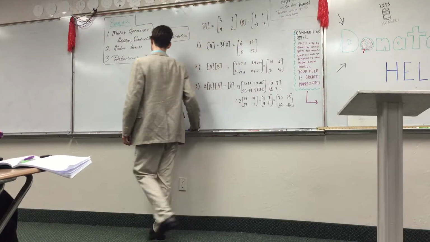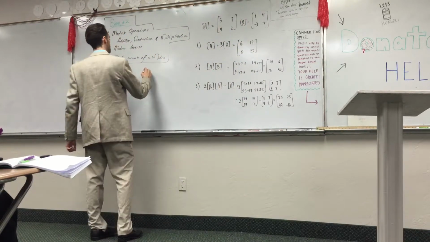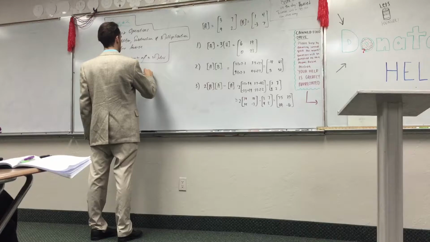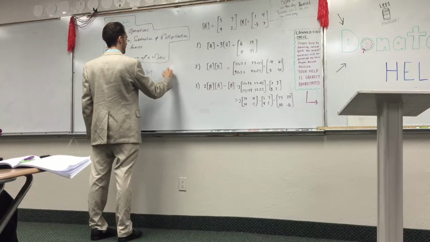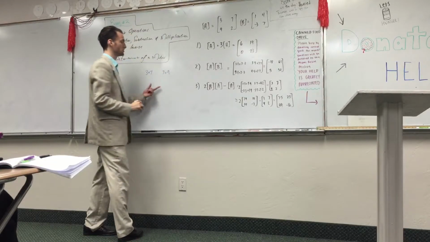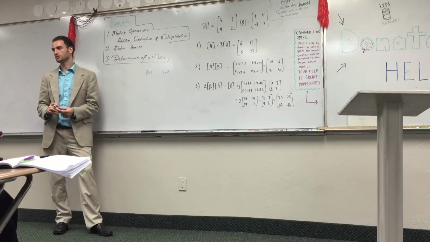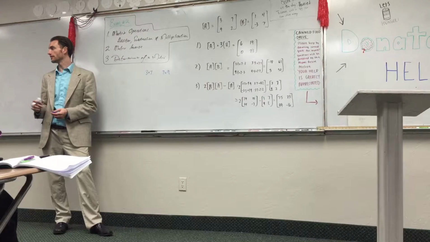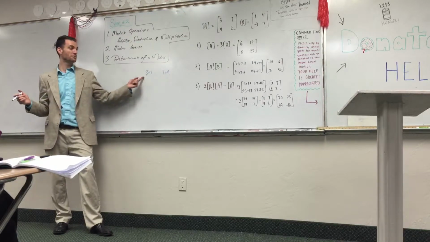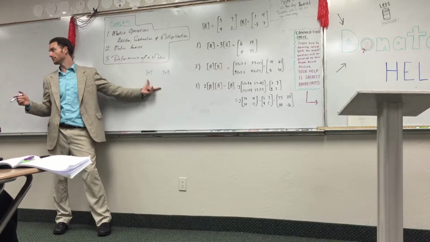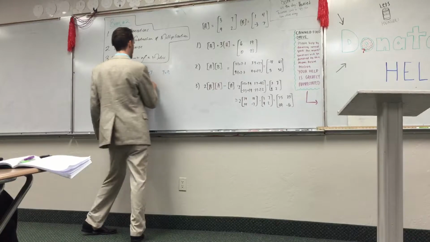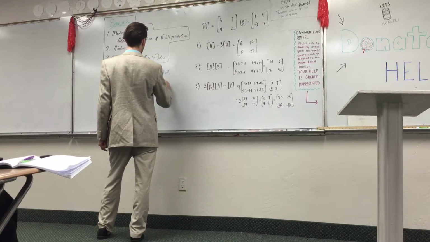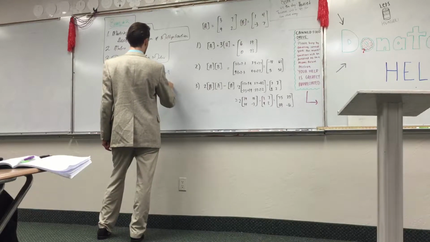Before I do anything else, if I have matrix A that's 3 by 7, and matrix B that's 7 by 9, and I multiply those two together, what do I get? A matrix that's 3 by 9. Could I multiply a 7 by 9 matrix by the 3 by 7 matrix?